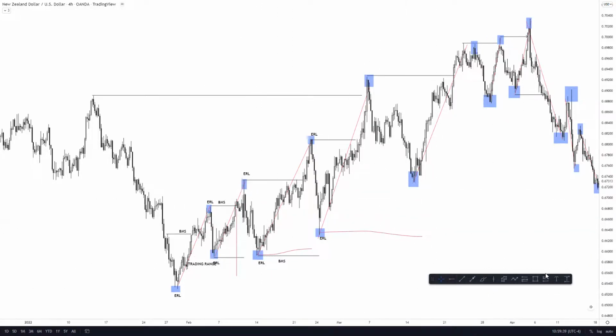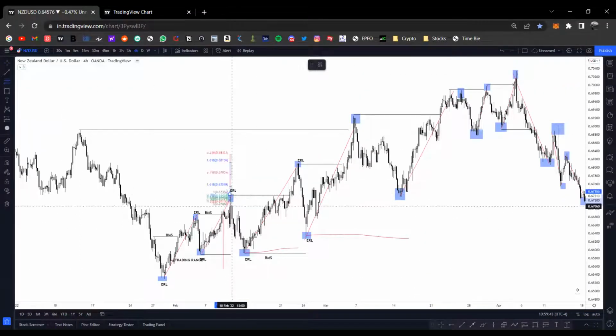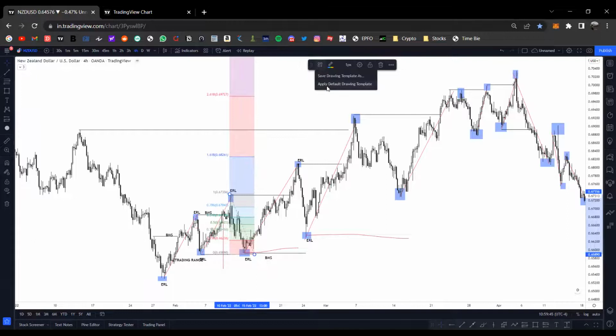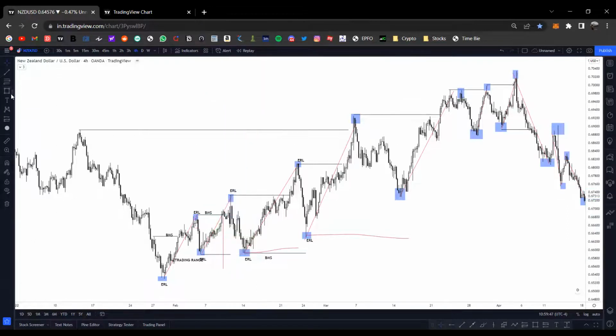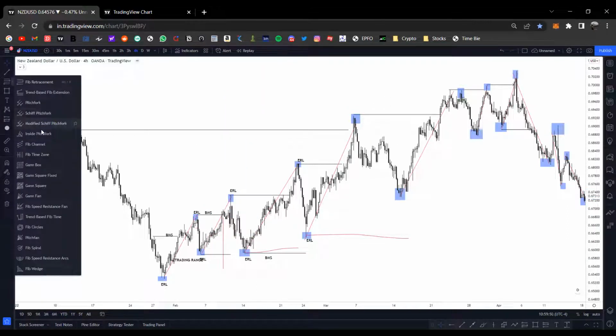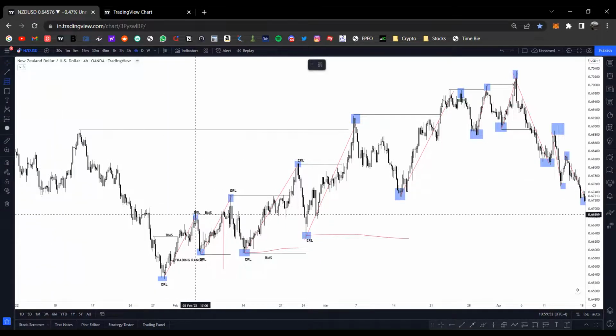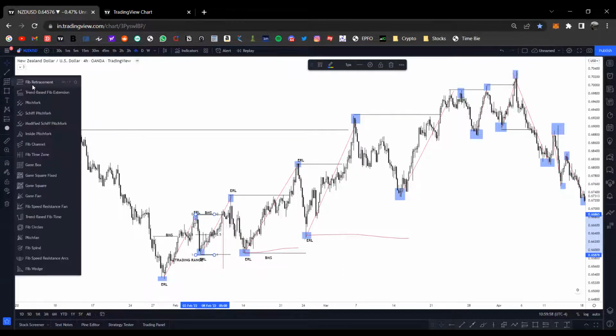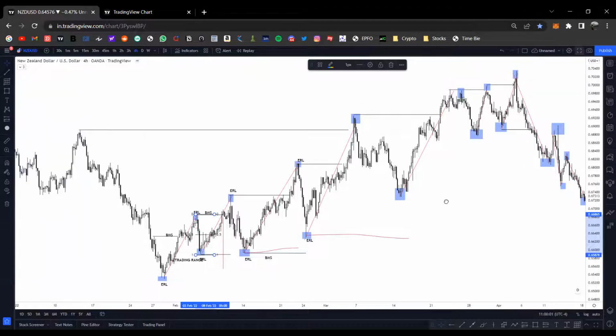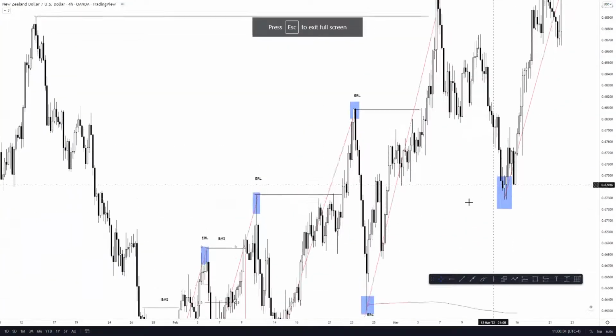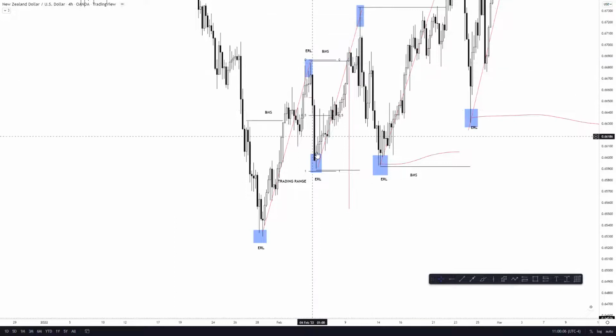Always trade around 50%, anything which is below the 50% of the trading range. You see, we have this trading range here from this side to this side.